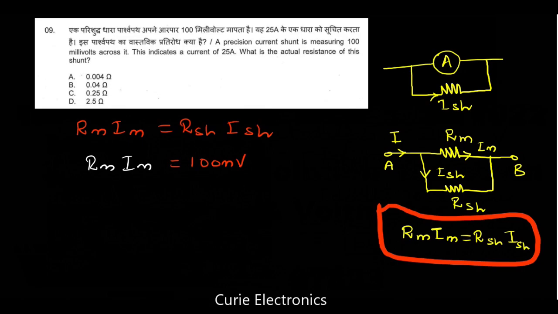What is the actual resistance of this shunt? The question is very simple. We have to take the right part only, that is RSH into ISH equals 100 millivolt.